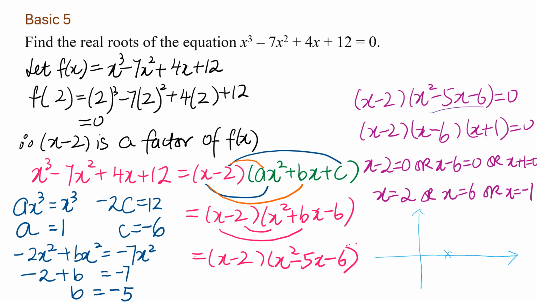That's the solution at x equals 2, one root here at 6, and at negative 1. And if you substitute x to be 0, you can find the y-intercept to be 12. So your curve would look like this.